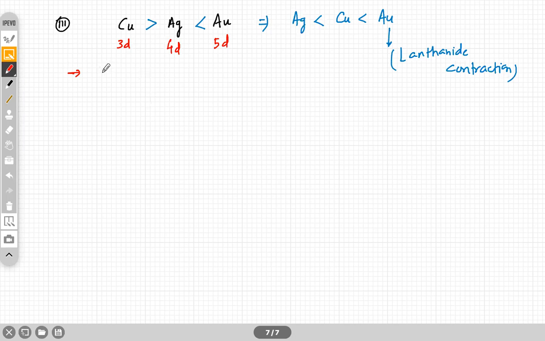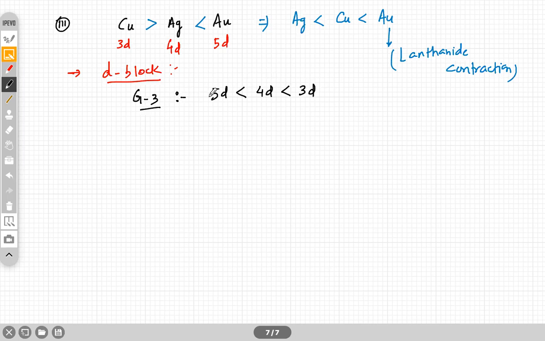Okay. So for D block, what you have to memorize here: we know in D block we have 10 groups, right? So for group 3, the elements of 5D series have the least, then 4D, and then 3D series.